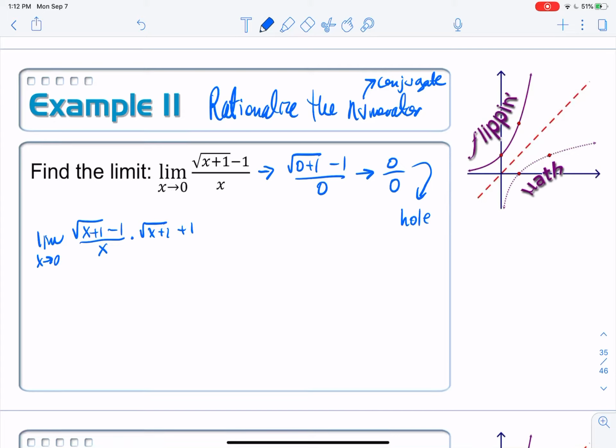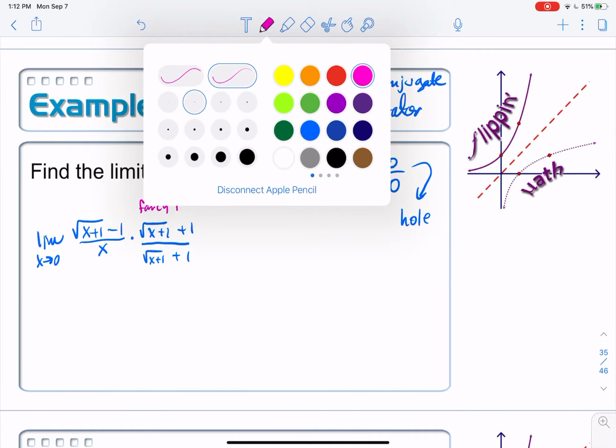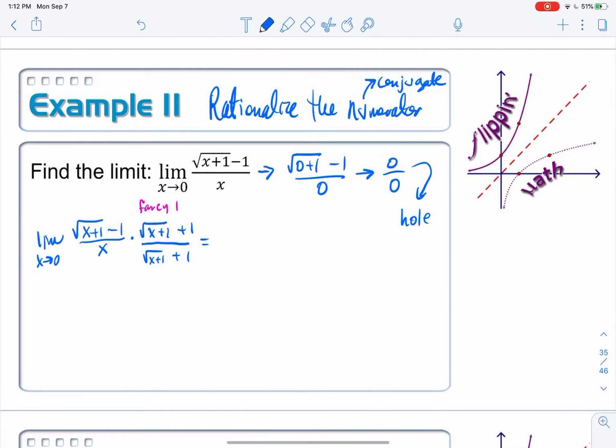And if I multiply by that on the top, I need to multiply it on the bottom, because what I'm essentially doing is multiplying by a fancy 1. When you multiply by 1, you don't change the value of something. When you multiply by a fancy 1, you still don't change the value of something. You just change how it looks. You're just basically rearranging it in a very convenient way. And that's what we're going to do here.